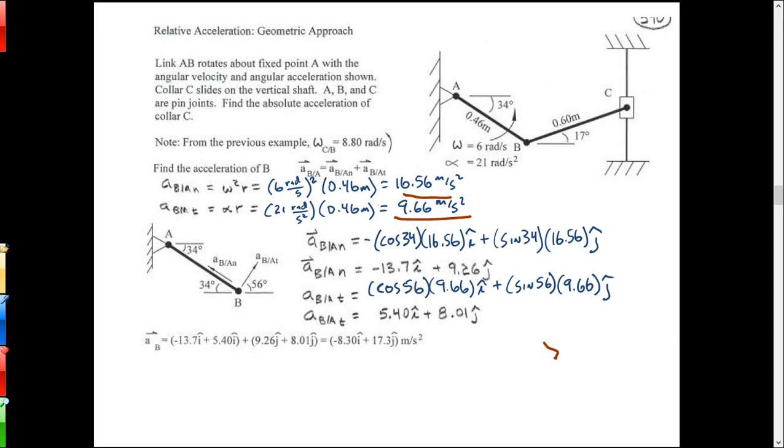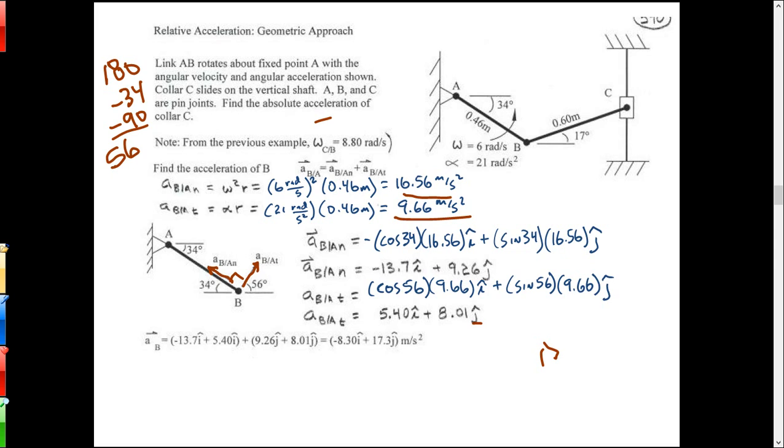The normal is going from B towards A at 34 degrees. The tangential is making a right angle with the linkage. So if you take 180, take away the 34 and take away the 90, you get 56. You could just take 90 minus 34 to get 56 also. That works fine. So we've got the normal acceleration going up left at 34 degrees and the tangential going up right at 56.